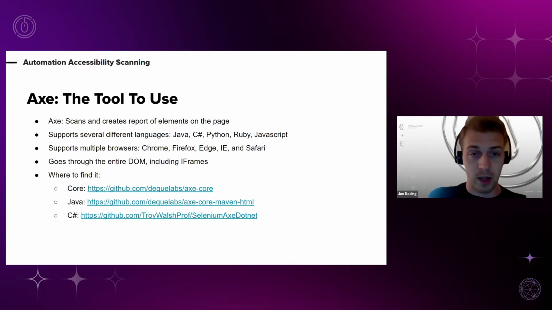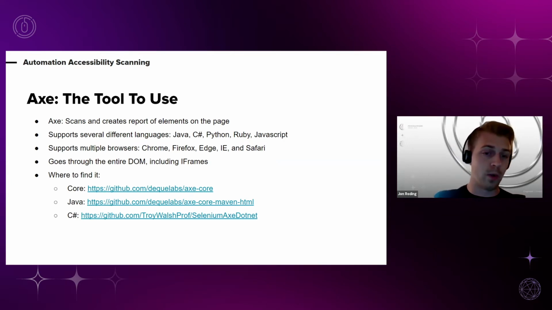It also supports multiple browsers, so the usual big three: Chrome, Firefox, and Edge, and also does IE and Safari. Now, the main thing about Axe is that it goes through the entire DOM and also includes iframes. So we can even test iframes with Axe.